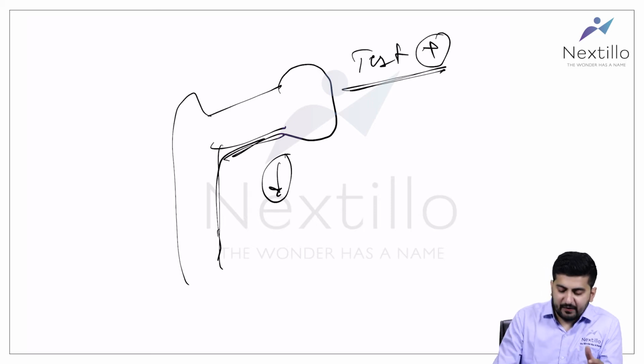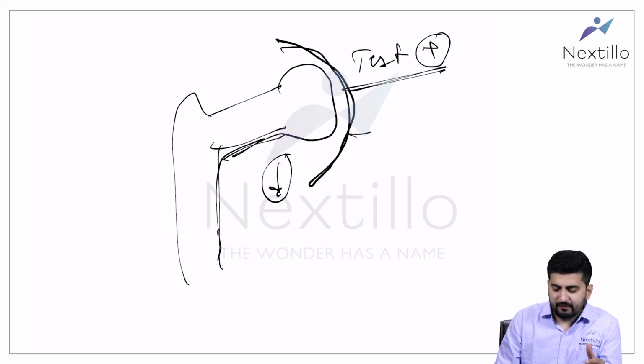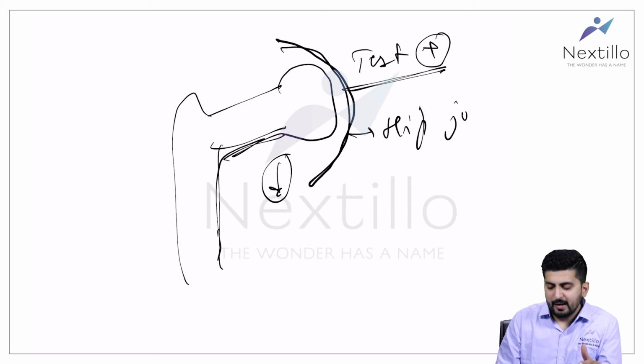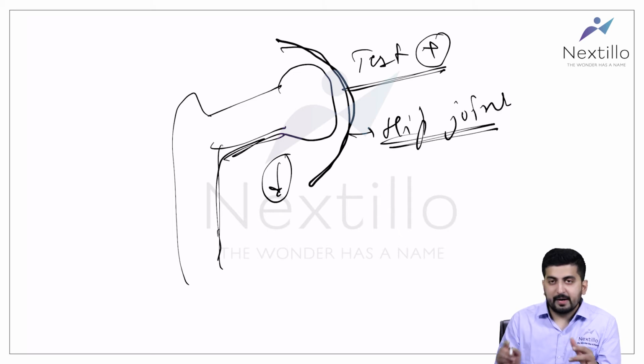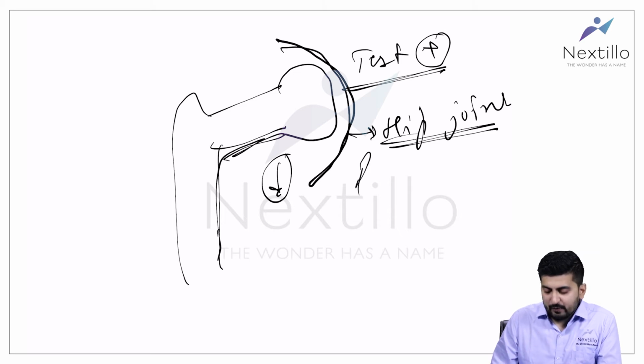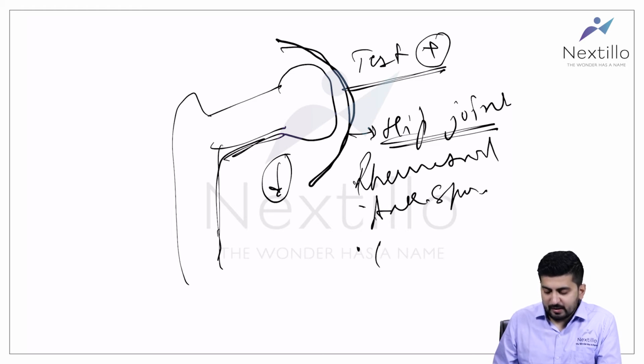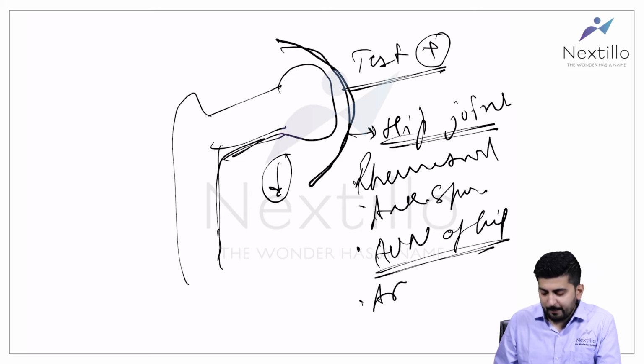Likewise, if there is a defect in the fulcrum itself, which happens to be the hip joint, in that case also the Trendelenburg test will be positive, and these can be seen in cases where the hip joint can be involved, such as in cases of a rheumatoid arthritis patient or ankylosing spondylitis patient, or in cases where there is avascular necrosis of the hip joint leading to arthritis of the hip.